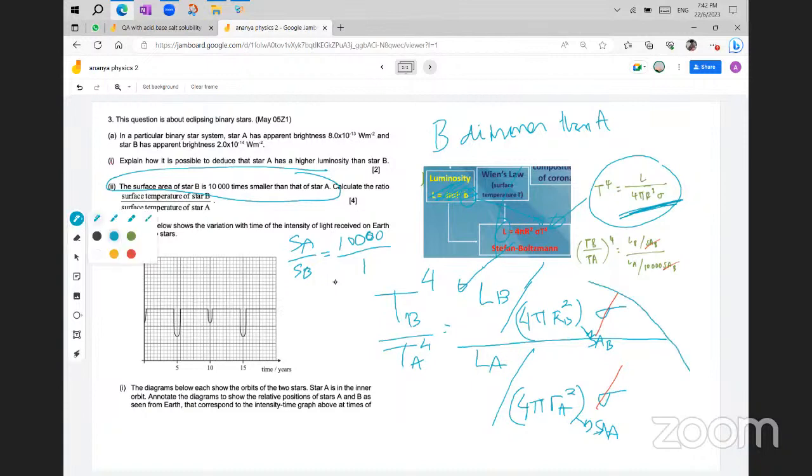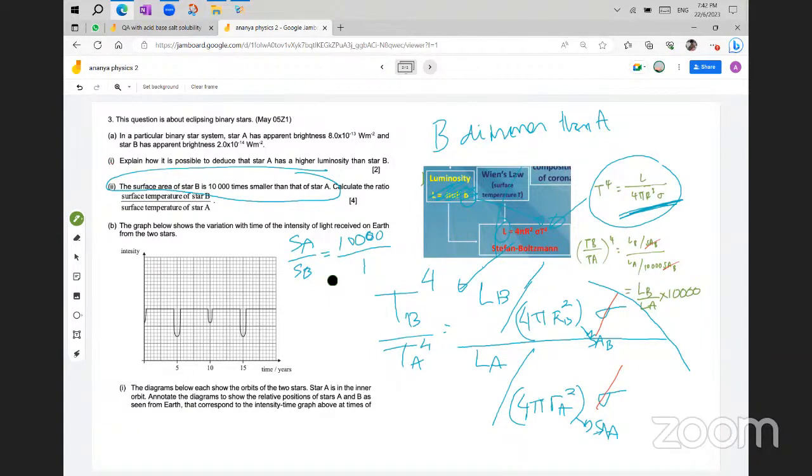I still want to make the 10,000 slightly easier to handle. Look, this LB over LA is going to be times 10,000. Do you get the math or not? Yeah, so this is LA over 10,000. Then the 10,000 will go up, so to speak. That makes sense, right?